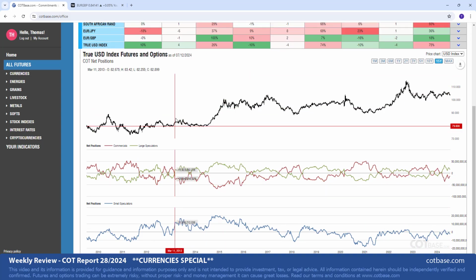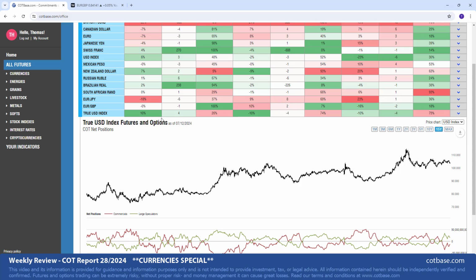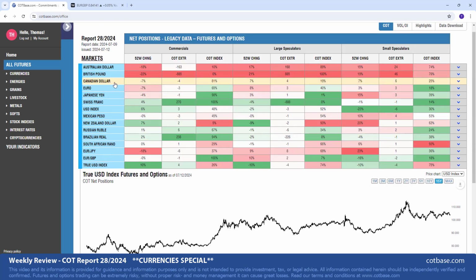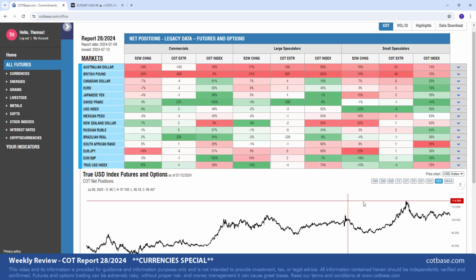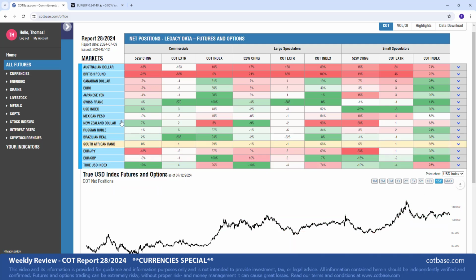So once again, the conclusion is that the Canadian dollar seems like there's a bullish extreme over there, but the dollar itself does not necessarily show that big of a weakness. It could continue its rise as we've seen in the past right now.